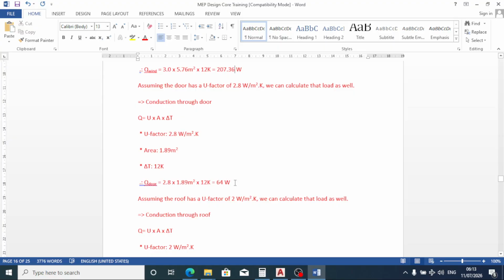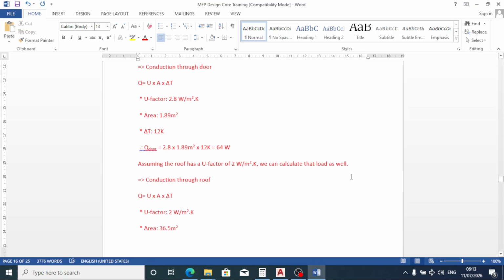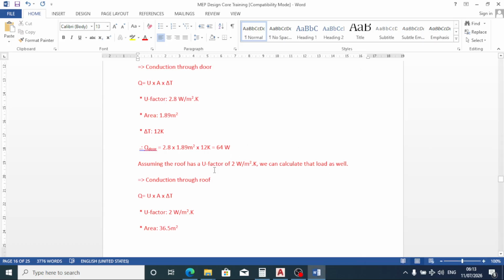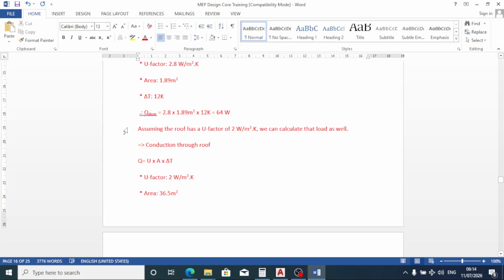So I think this is in order, but we can calculate to be sure. So we are having 63.5 rounded up to 64. Okay, it's in order. So now the last thing is our roof.